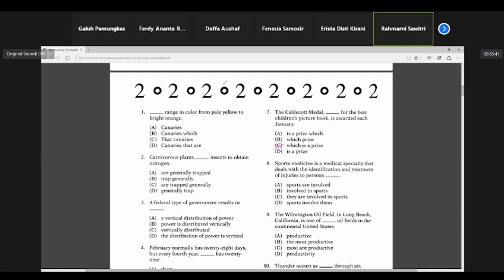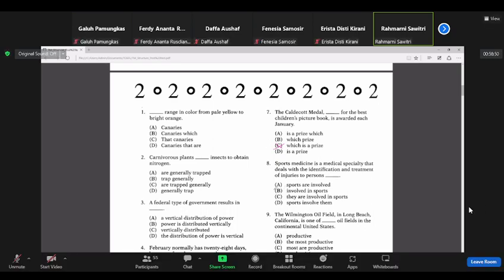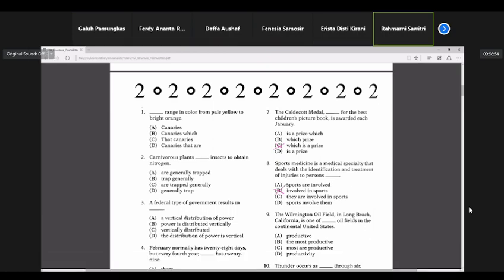So the correct one for number 8 is not A, but, well, what do you think? The correct one is B, involved in sports. So here we have treatment of injuries to persons. Awalnya adalah persons who are involved in sports. Who are involved. Are-nya dicoret. So then what we have left is involved in sports.